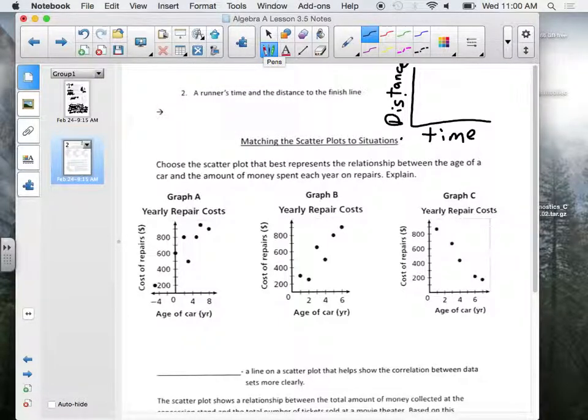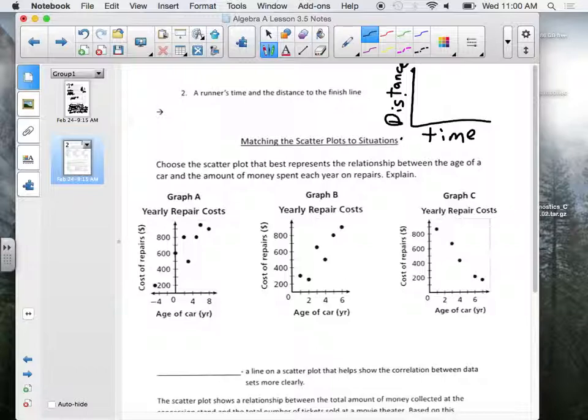So if this is the race, a straight line, the runner would be starting back here, right? Because she's not at the finish line when she starts, is she?